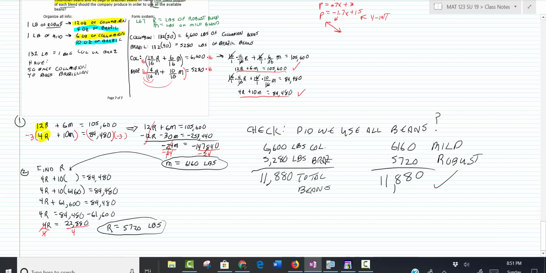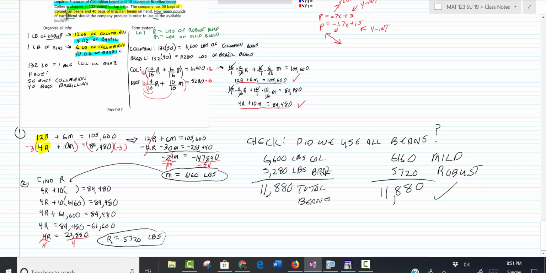But one of the keys, I hope what you get out of this, is to always start by just writing everything down that you're given. And then the question on the word problem generally is going to give you the variables. So it said how many pounds of each blend. So that meant our variables were R was the pounds of robust, M was the pounds of mild. Then I had to figure out how to put those into two equations.